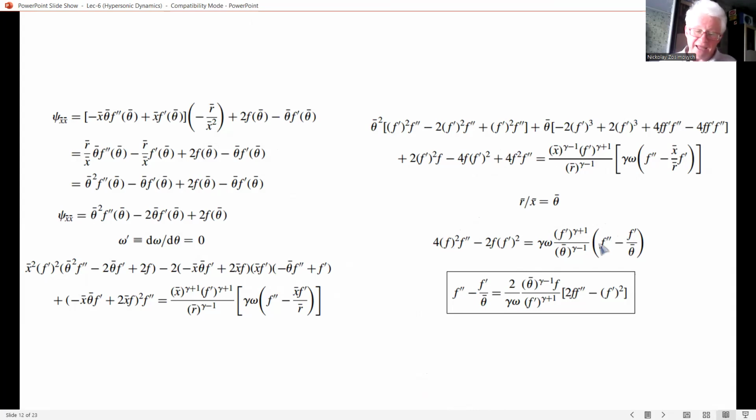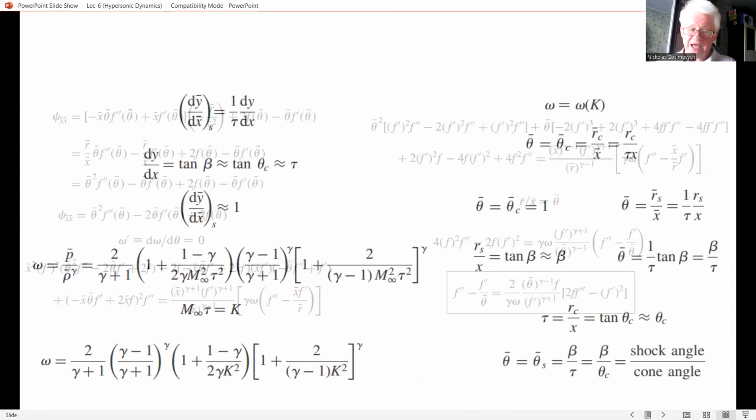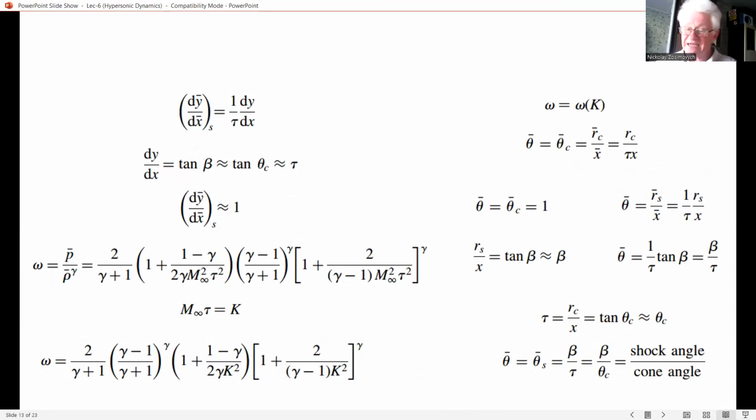When a system of partial differential equations is replaced by one or more ordinary differential equations in terms of one independent variable, I want to repeat it, then the solution is said to be self-similar. And such is the case here.